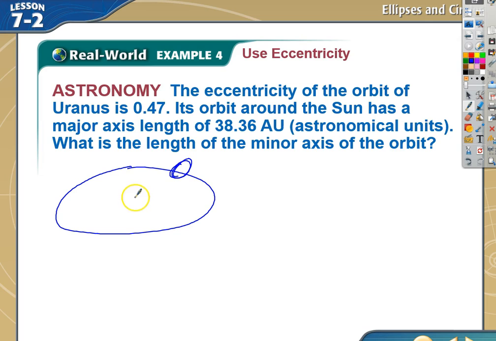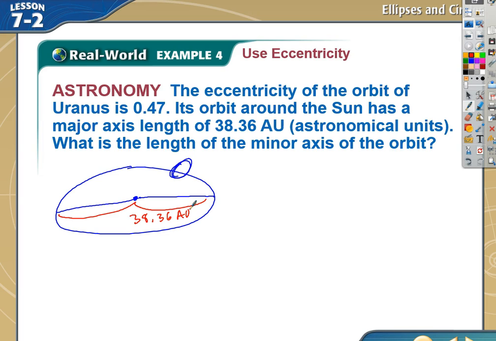There's the ellipse of its orbit. Here's the center. It's saying this whole distance is 38.36 astronomical units. An astronomical unit, just so you know, is how much distance it is from the Sun to Earth. So this is 38 times from the Sun to Earth is how wide it is on the ellipse.